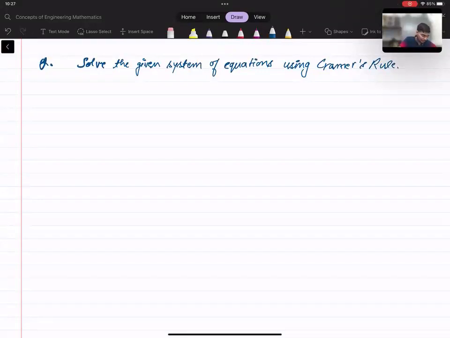So our first equation is 2x minus 3y plus 4z equal to minus 9. So this is first. The next equation is minus 3x plus 4y plus 2z equal to minus 12.